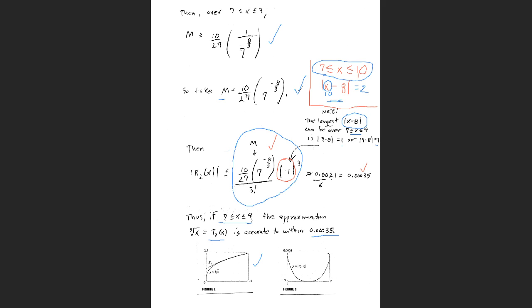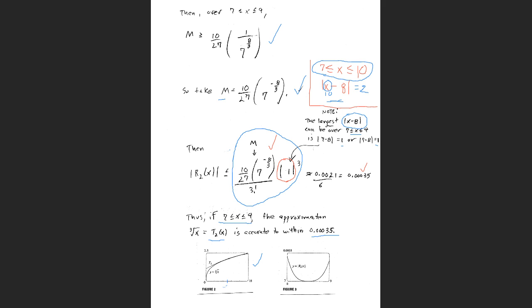Now, what I've done here, by the way, is I actually got this from example 1 in section 8.8. In figure 2 here, we've drawn the cube root of x, and we've drawn the second degree Taylor polynomial on the same screen. And the little dot up there corresponds to the x value when x equals 8.